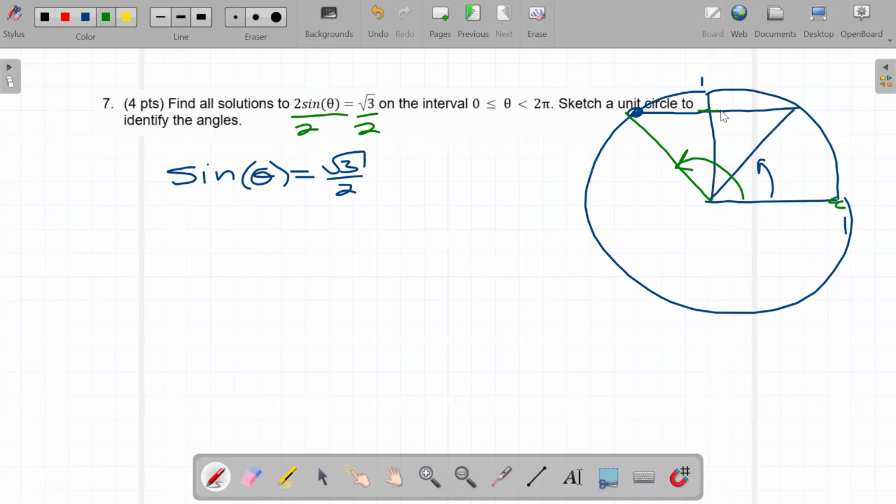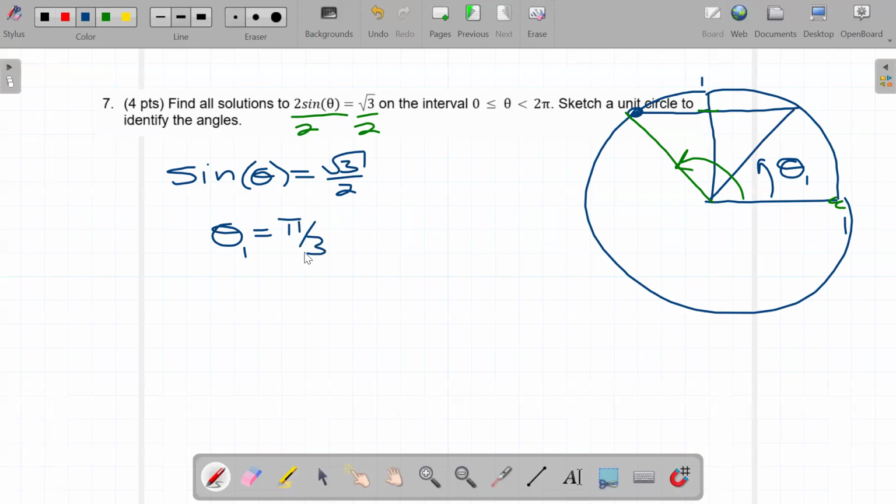And let's see, based on that, which special angle is in the first quadrant? Let's call that theta 1. Pi over 3. So right away, just based on my picture, I'm going to write theta 1 is pi over 3.